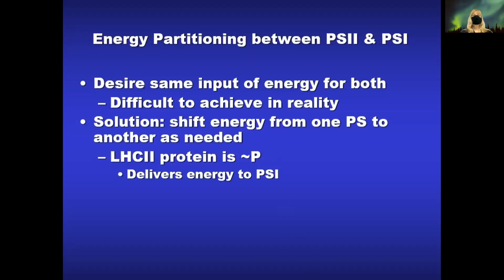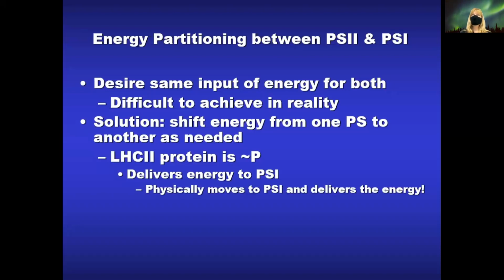If the LHC2 protein is phosphorylated, that tells the antenna pigment, I need to deliver this energy I'm absorbing to photosystem 1, even though normally it's associated with photosystem 2. Okay, that's what's so weird. These antenna pigments can physically move to photosystem 1 through the thylakoid and give that energy to the photosystem 1 reaction center.